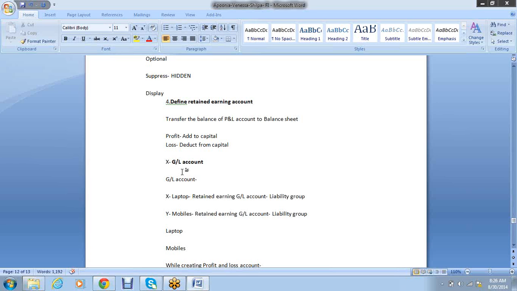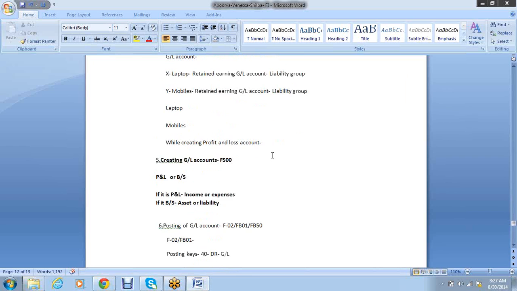Because it is purely for your internal reporting purpose. Remember, when we prepare the report for your profit and loss account and balance sheet for statutory reporting purpose, it will always be your combined one. They do not want the individual ones. Okay. Clear.